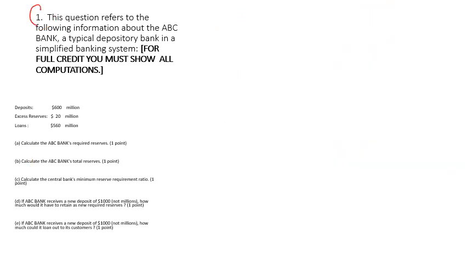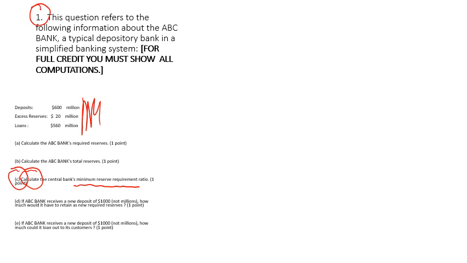This is question 1c. And what we're asked to do is to calculate the minimum reserve requirement ratio. Again, the question reads, calculate. Calculate from where? From the given here.